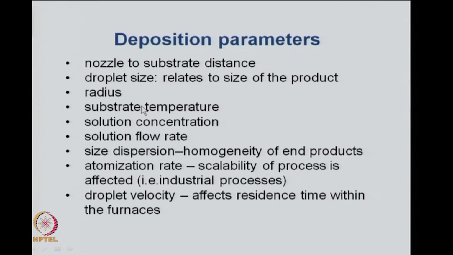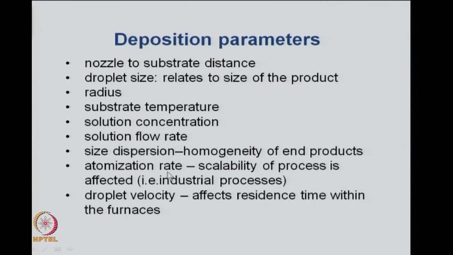So, it depends on the substrate temperature, the solution concentration, the solution flow rate, the size dispersion, and on which depends the homogeneity of the end products. So, all these parameters will affect the size dispersion, and that will affect the homogeneity of the final product which you get on the substrate.